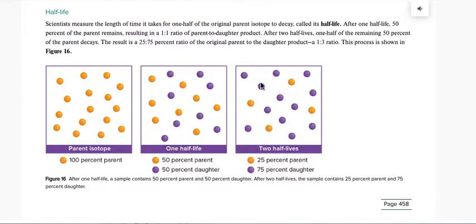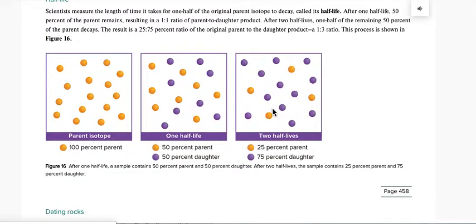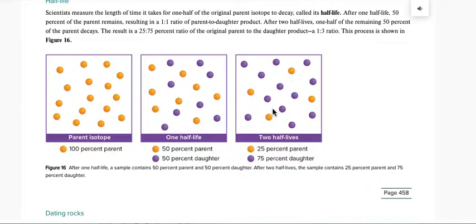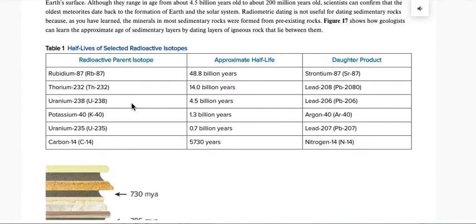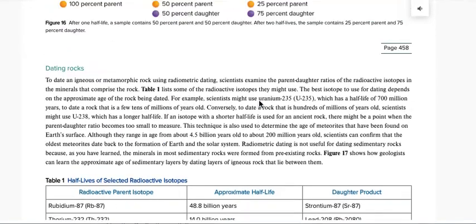And after another half-life, you're going to cut the number 8 in half. So now we're at 4 uranium left, which means we're at 12 thoriums. So it regularly splits in half, and for uranium, that's every 4.5 billion years.